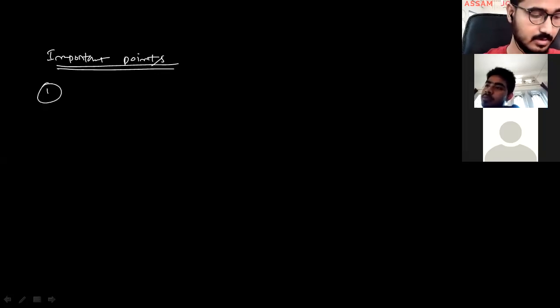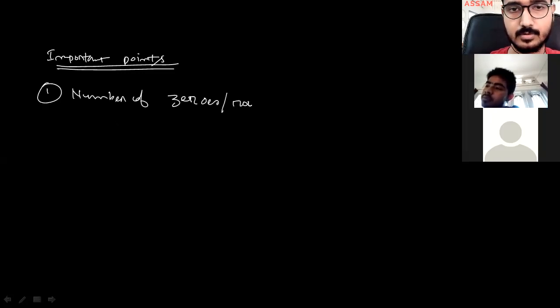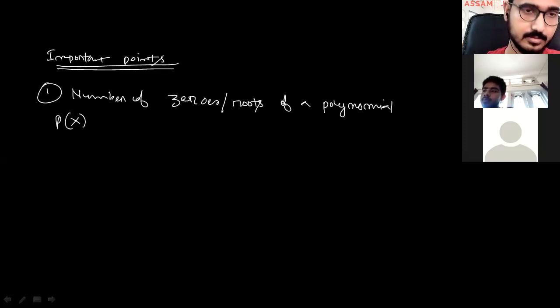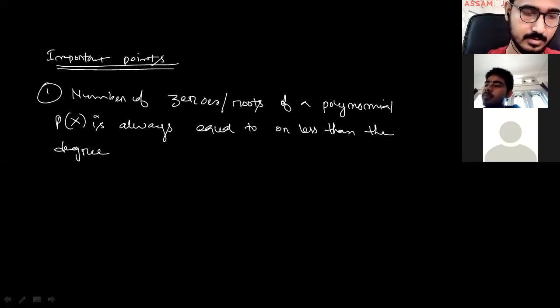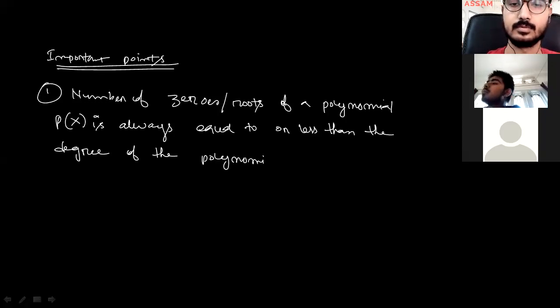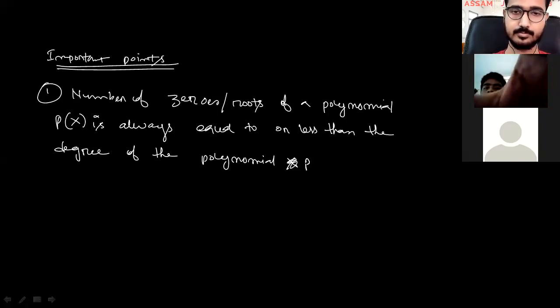Number one: the number of zeros or roots of a polynomial p(x) is always equal to or less than the degree of the polynomial p(x).